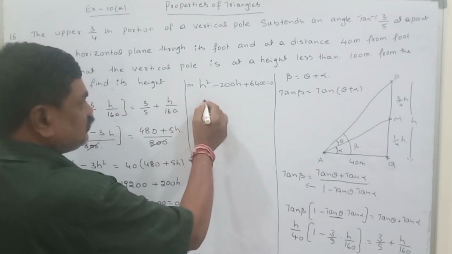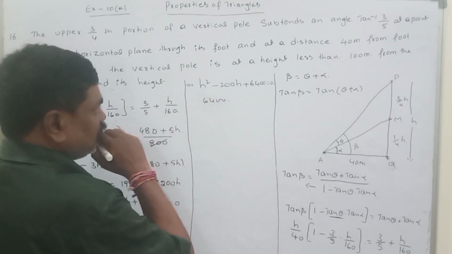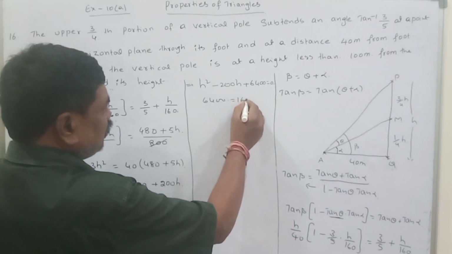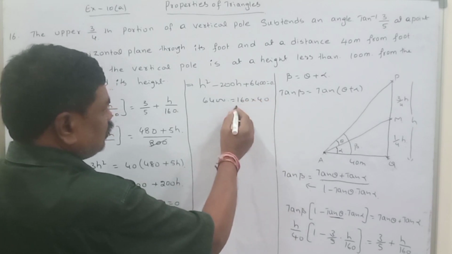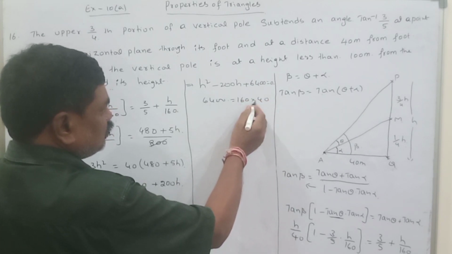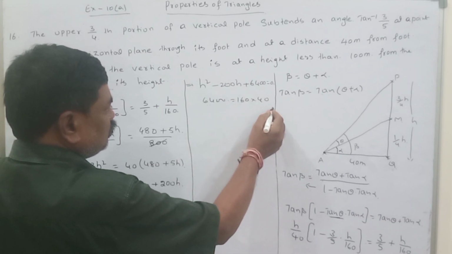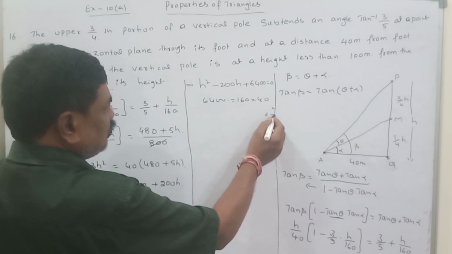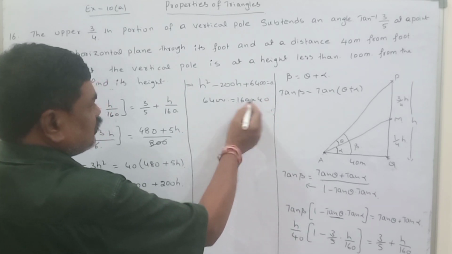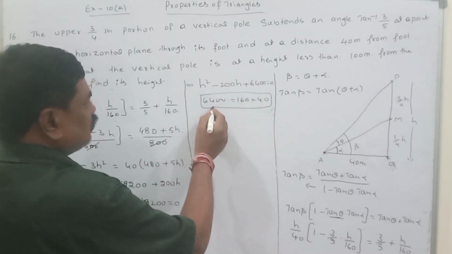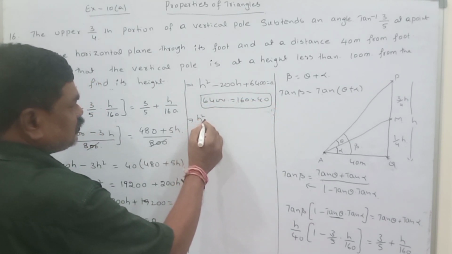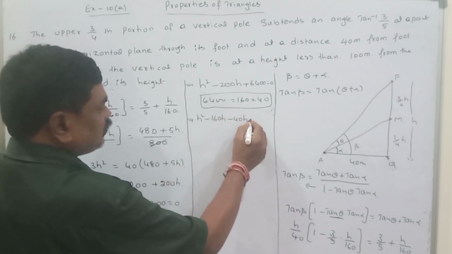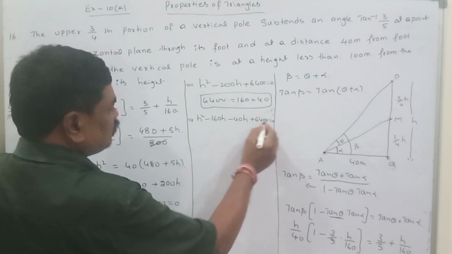You solve for this. 6400 is 160 into 40. So this implies H square minus 160H minus 40H plus 6400 equal to 0.